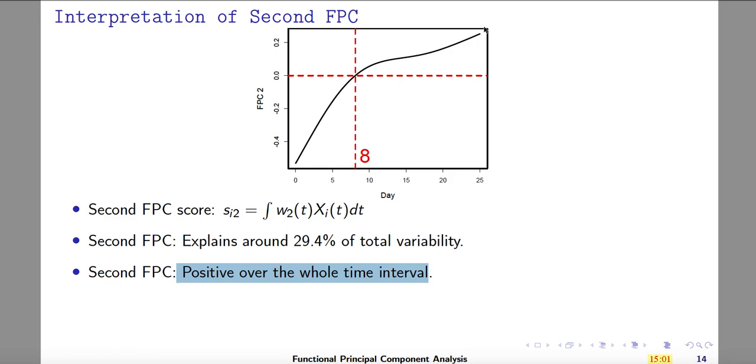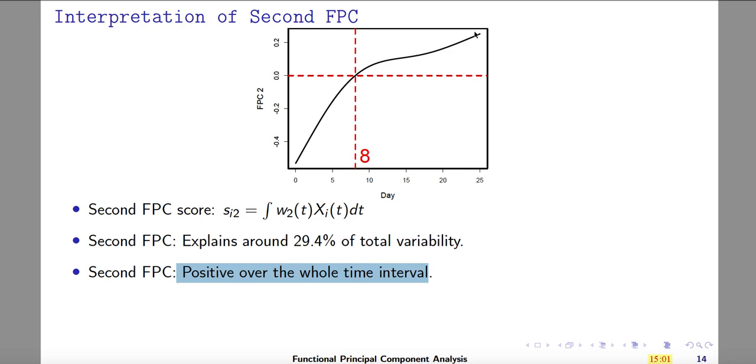In other words, this FPC score is basically the weighted average of the curve after day 8 minus the weighted average of the curve before day 8, because there is a negative weight before day 8 and a positive weight after day 8. Can you see it? Yes.